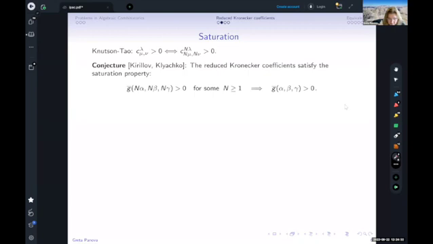And this prompted Kirillov and Klyachko independently to conjecture that the reduced Kronecker coefficients also satisfy the saturation property. And again, there is a semigroup property which tells you that in one direction it does hold. So if this thing is positive, then the scaled partitions would also be positive. So this direction is easy, and it's true.